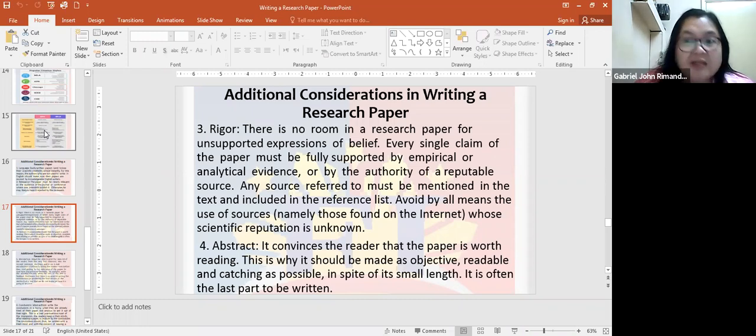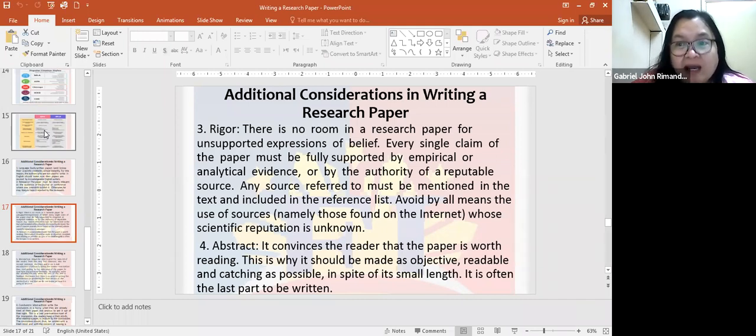I have a team that does the checking, and the team reports if there are flaws in the figures that you have declared. That is another way by which we reject the paper.